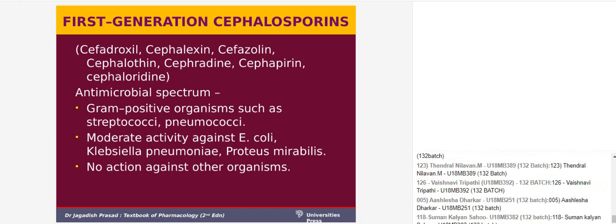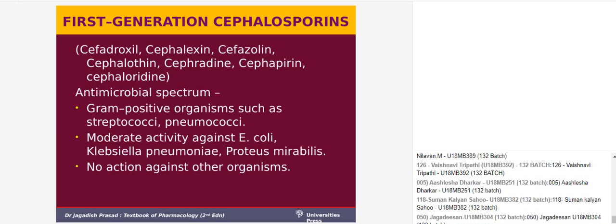They have moderate activity against gram-negative organisms like E. coli and Klebsiella, and they do not have any activity against Bacteroides, Enterococci, methicillin-resistant Staphylococci, Pseudomonas, Acinetobacter, Enterobacter, and indole-positive Proteus and Serratia. So all these organisms are not affected.